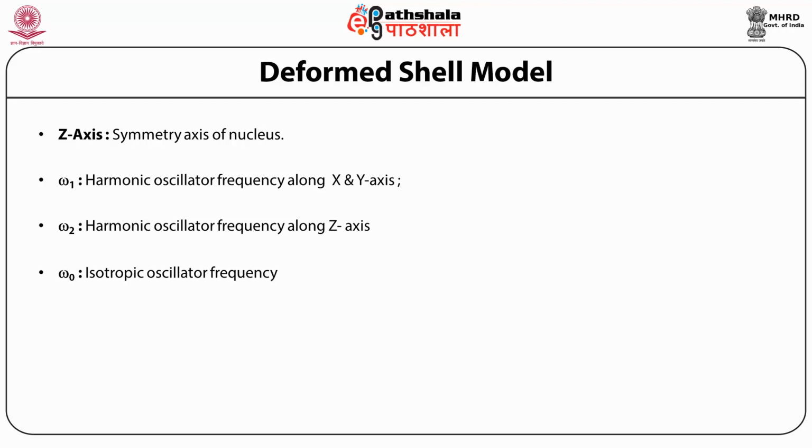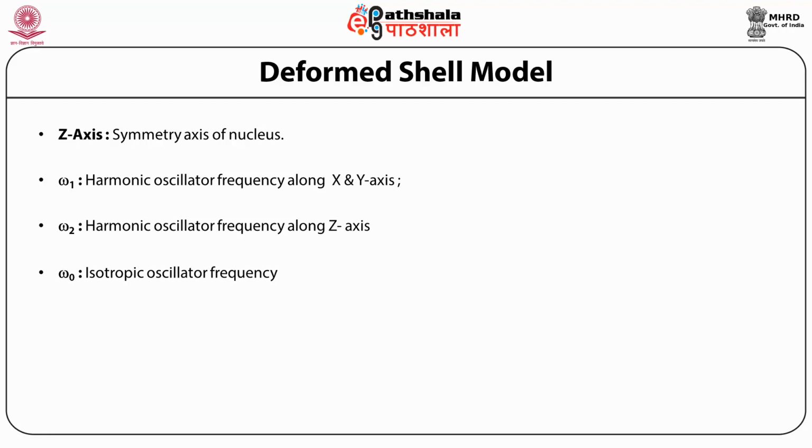What does this mean? We have assumed that the nucleus is deformed only along one axis, so the nuclear dimensions along the x-axis and y-axis are the same, whereas the dimension along the z-axis is different. This is called axial deformation.